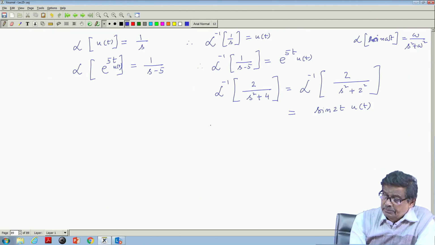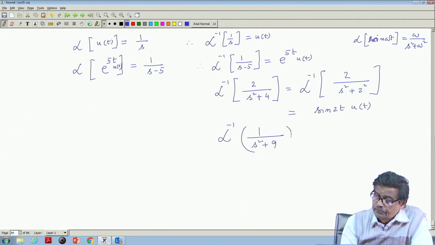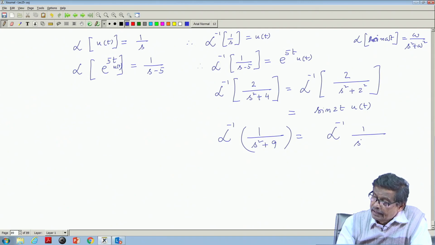Got the point. Similarly, suppose somebody says Laplace inverse of 1 by s square plus 9. What I am going to do is this, I will say that Laplace inverse of 1 by s square plus 3 square.